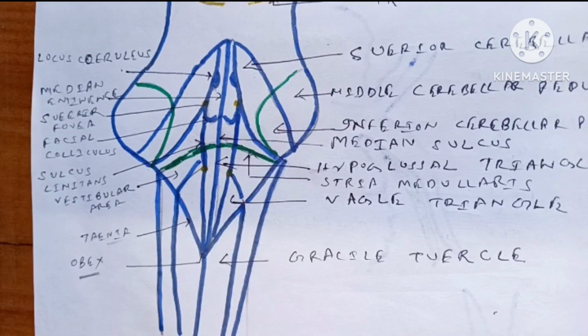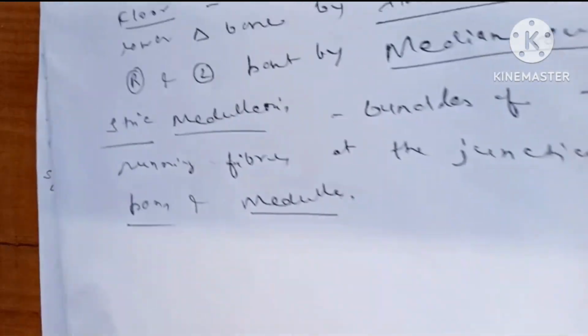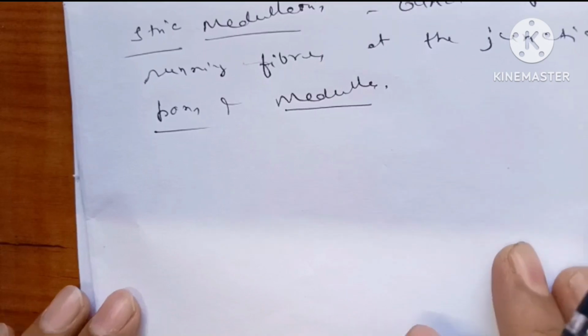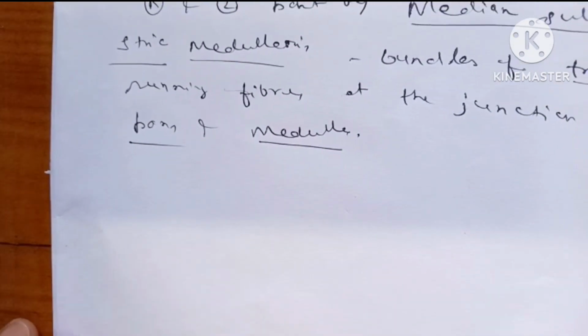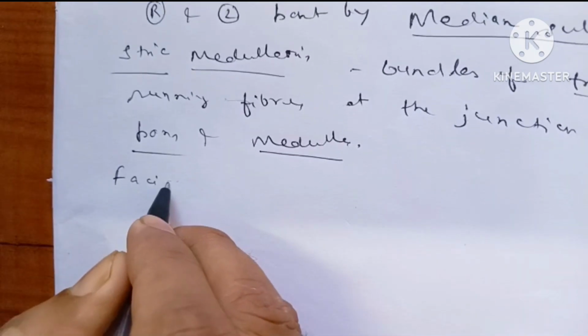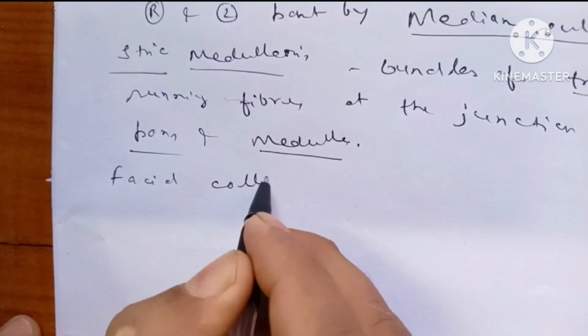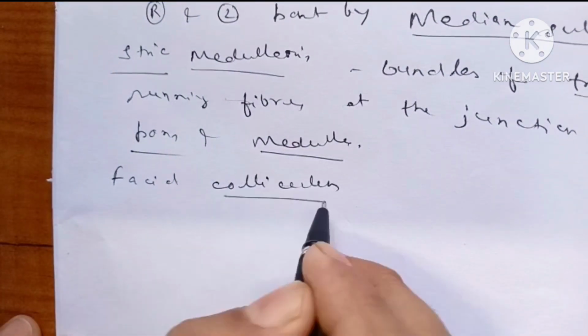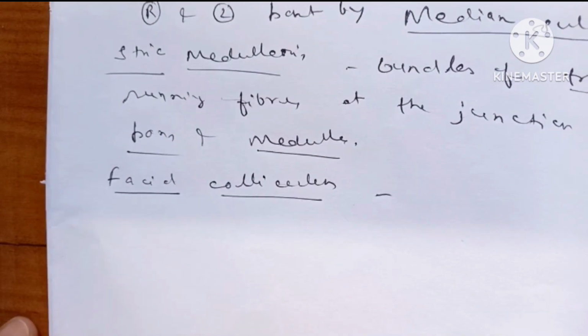Now different terms are associated with the floor of the fourth ventricle. The term is the facial colliculus. What is the facial colliculus?